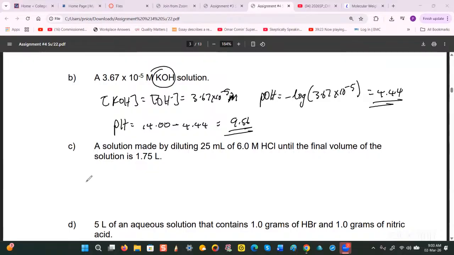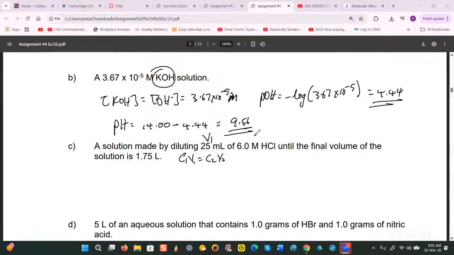Okay, in the case of C, it says a solution is made by diluting 25 mL of 6.0 M hydrochloric acid until the final volume of the solution is 1.75 liters. So you're asked to find the pH of that solution. So this is a dilution problem. And of course, I'm quite sure you have met this equation. C1 V1 is equal to C2 V2, right? That's a dilution equation, right? So basically, they gave you V1, which is 25 mL.